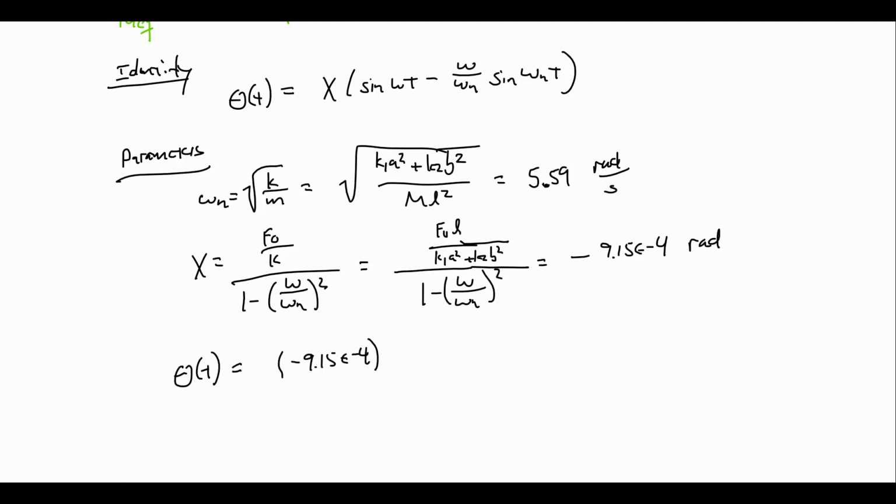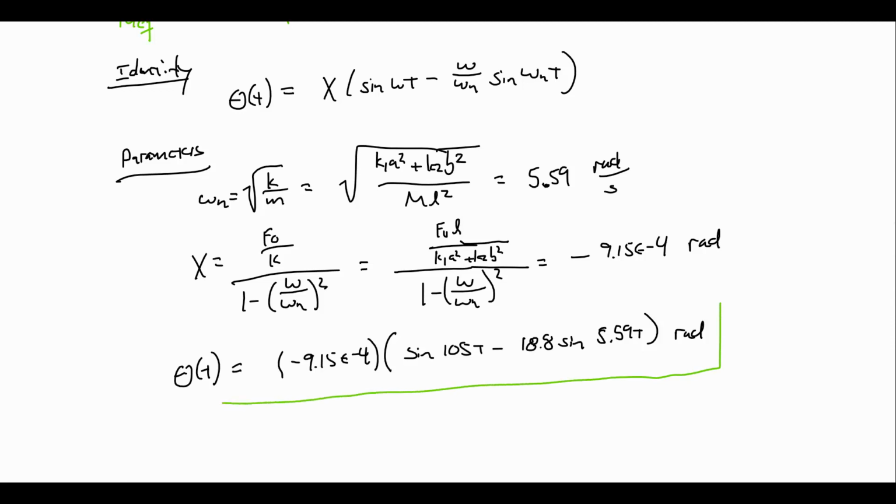So sine 105t minus 18.8 sine 5.59t radians. Numerically, we get the exact same result that we had when we initially had our equation of motion in terms of x rather than in terms of theta. So doing the conversion up front, we get the same result here.